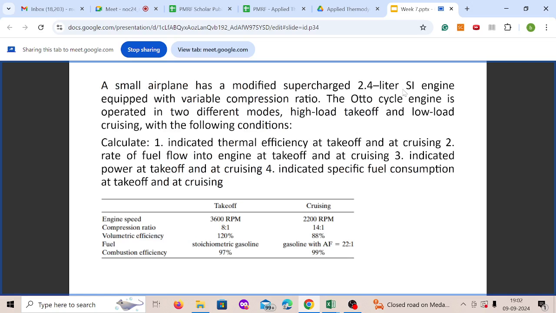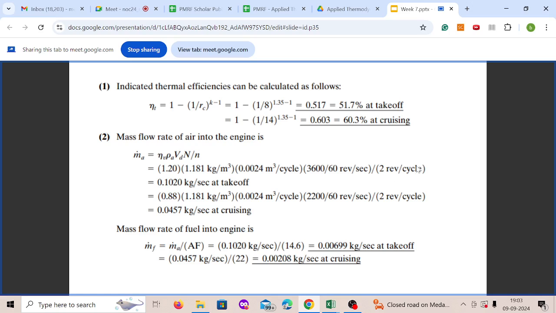Since it's a four stroke SI engine, divide by 2. This comes out to be 0.1020 kg per second at takeoff.